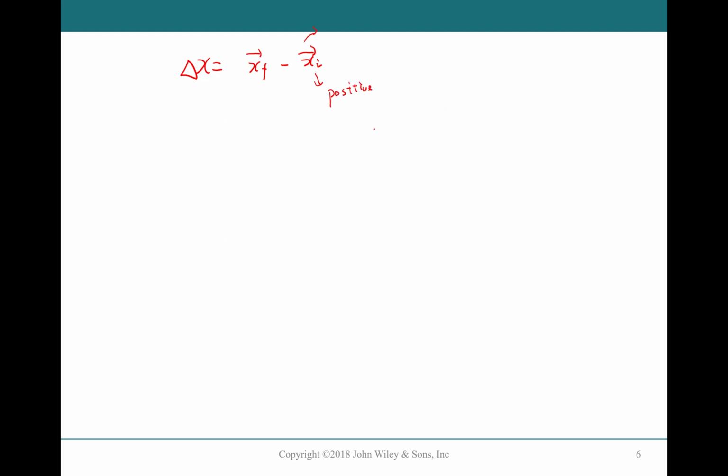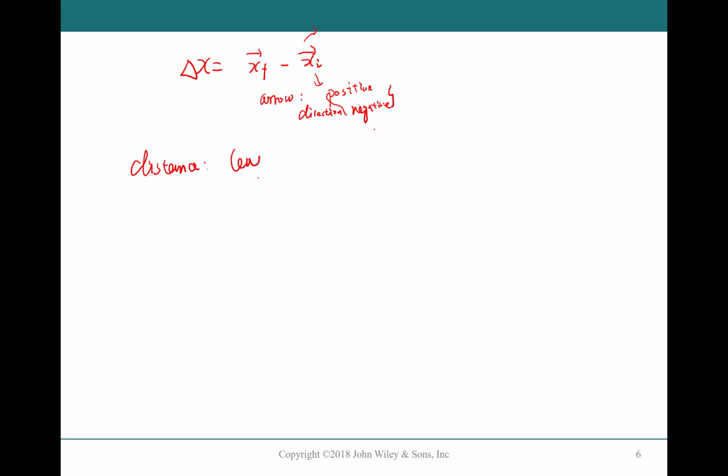Okay, so this arrow represents this quantity has direction. It could be positive or negative. But distance is a little bit different from displacement.